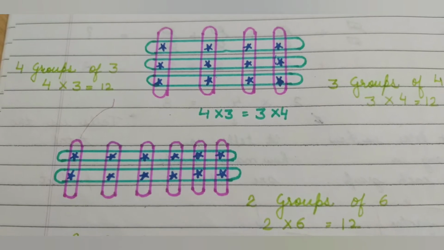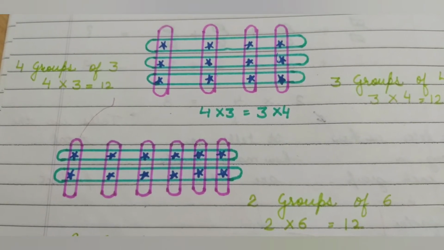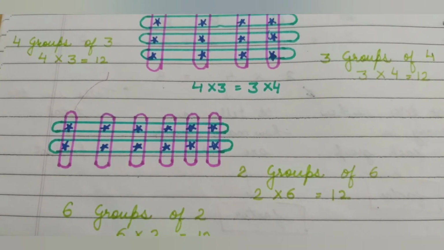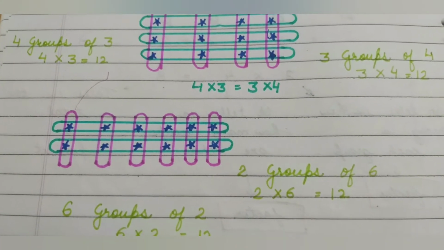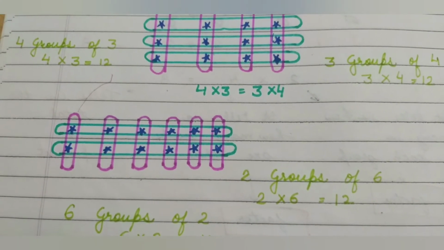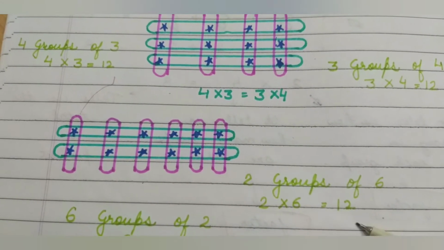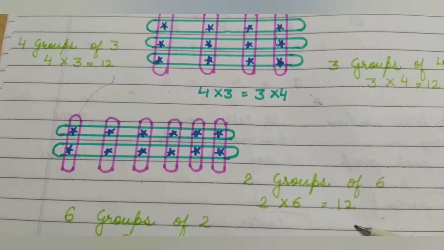So 6 groups of 2. We can write 6 multiply 2 equals 12. So here again 6 multiply 2 is equal to 2 multiply 6. So what we observe in this is, changing the order of two factors does not change the product, and this property is the commutative property.